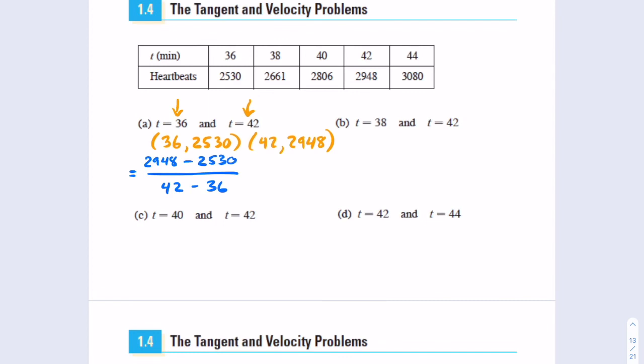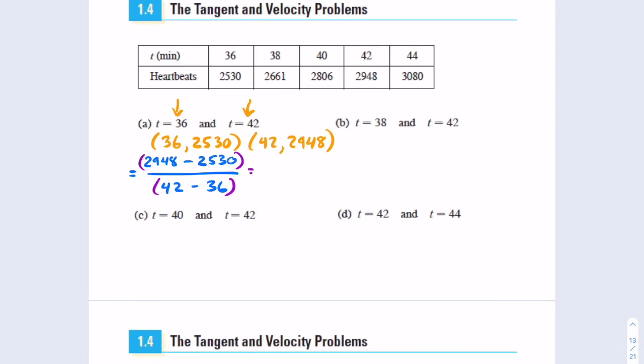Don't do this in your head. Go ahead and type it out, but make sure that when you type it into your calculator, you group the numerators and the denominators. I'll give you a second to do that. Okay, and then you should get, oh gosh, I should have computed this myself.